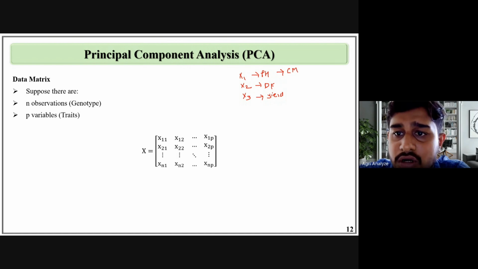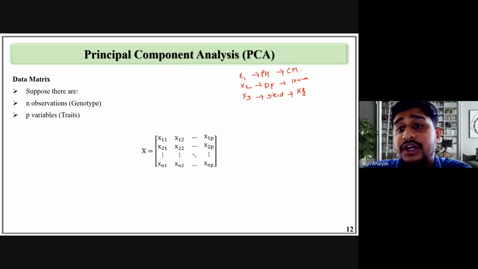Days to 50% flowering is measured as a count; it has no unit, but it is a count. Then the third, yield, is measured in kilograms. So all the variables have different units.